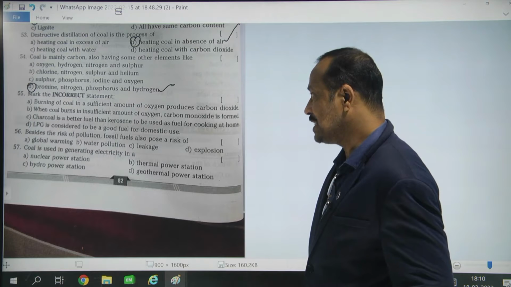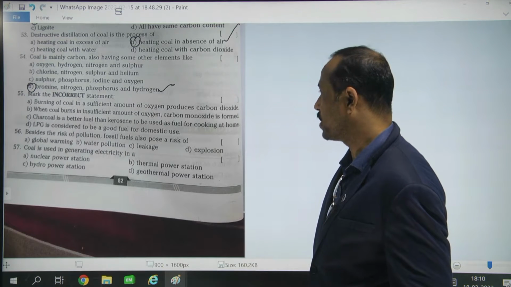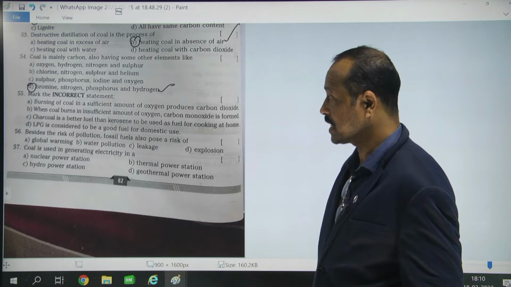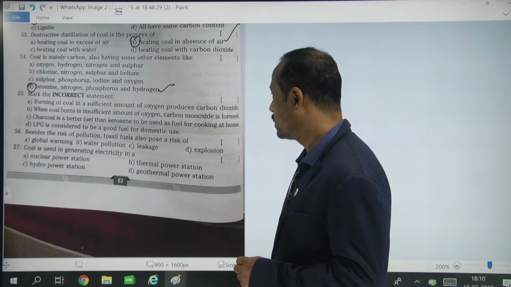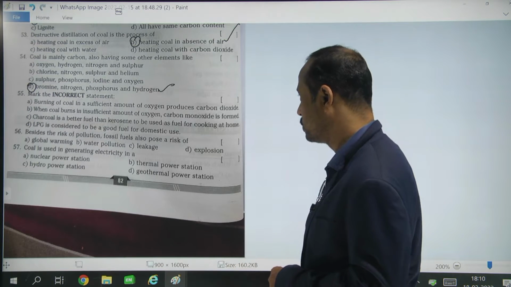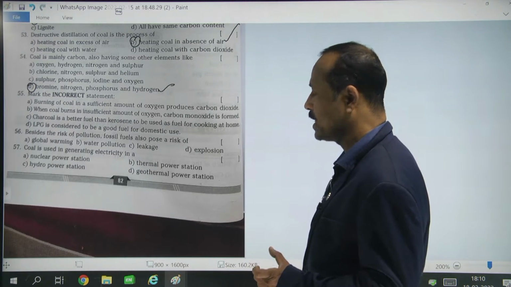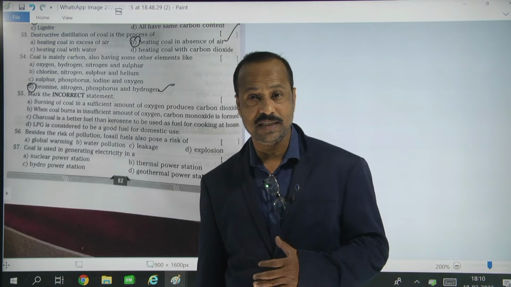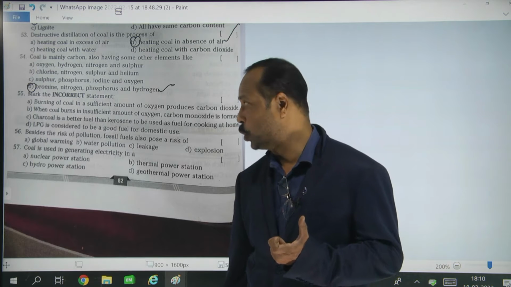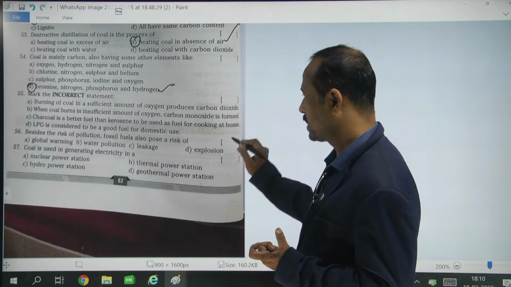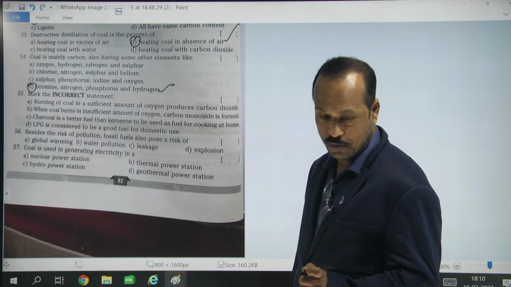Now, charcoal is a better fuel than kerosene to be used as a fuel for cooking at home. Is that correct? Let's keep that aside and go to D. LPG is considered to be a good fuel for domestic use.